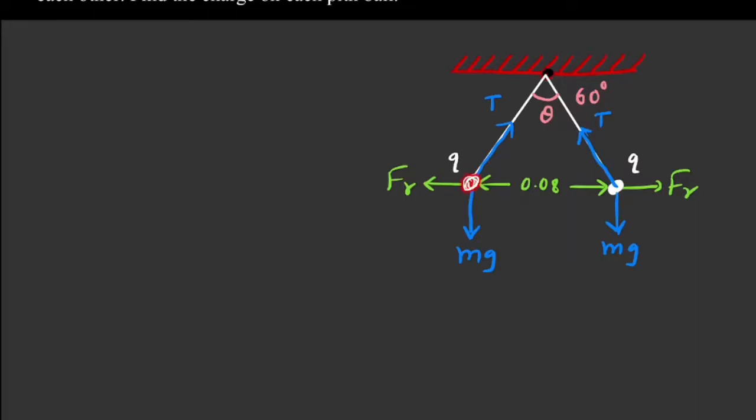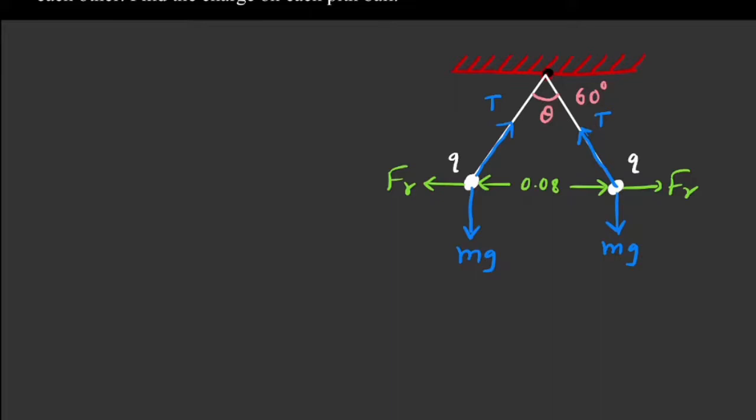On each charge, a repulsive force is acting, a downward force is acting because of the mass, and because it is connected with the thread, the tension is also acting in this direction. Similarly, for this charge also, this is the repulsive force, this is the downward force, and this is the tension due to the thread. It means three forces are acting on each charge here.